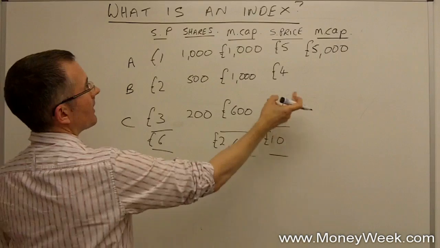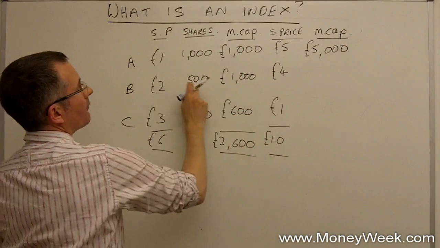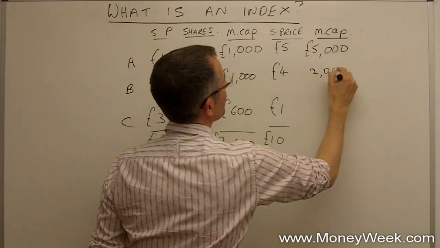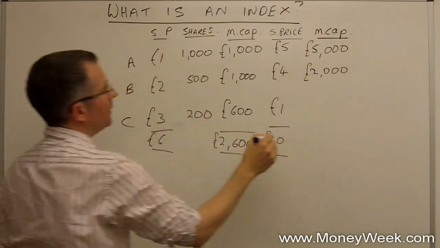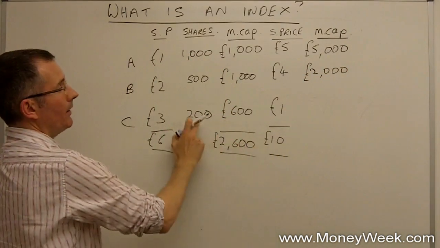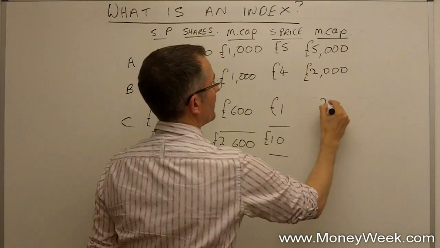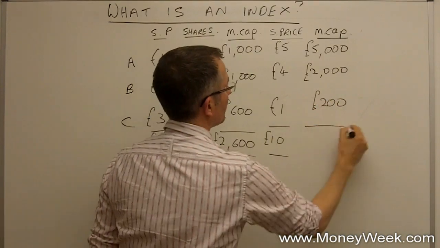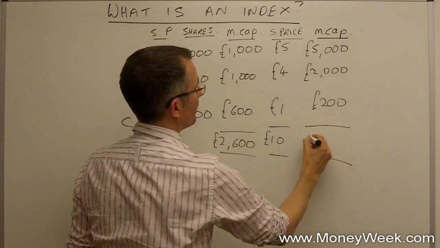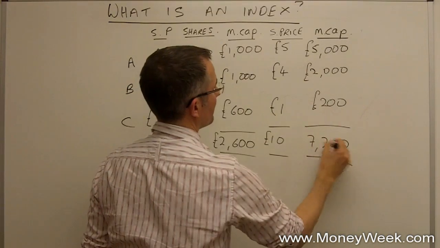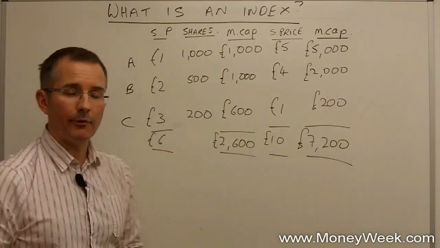New market capitalization for company B, 4 times 500, so that's £2,000. And the new market capitalization for company C, £200. So combine those, £7,200.